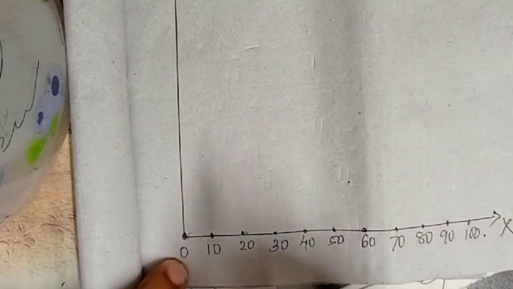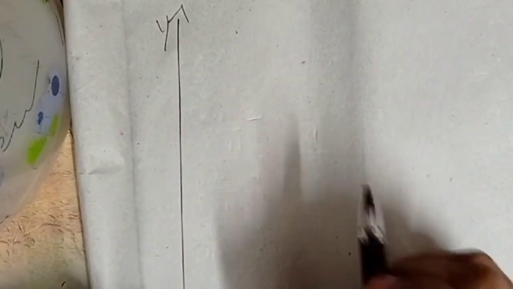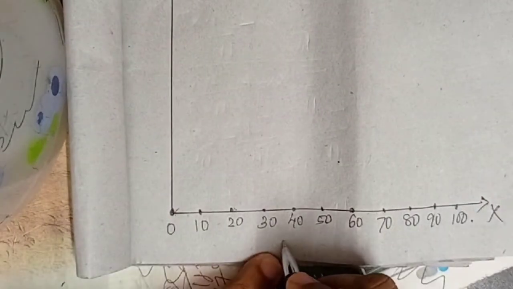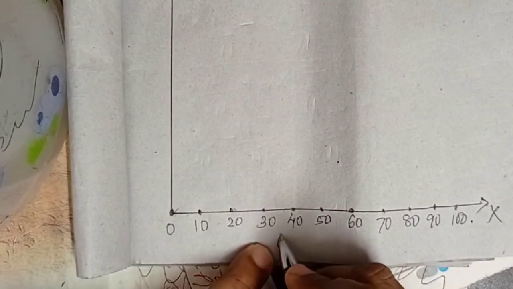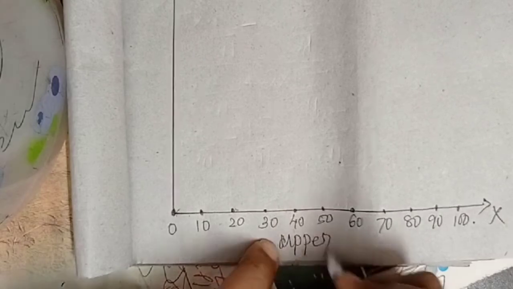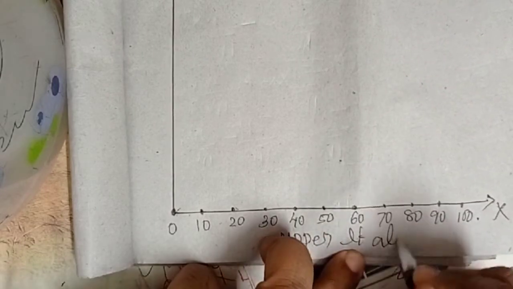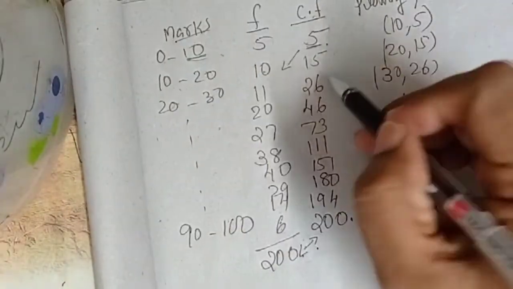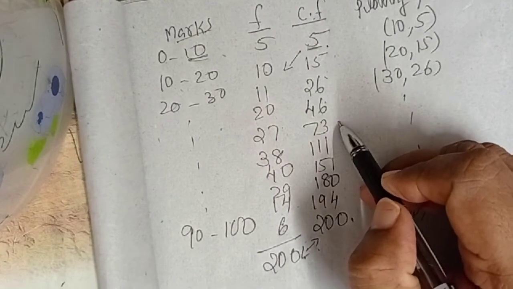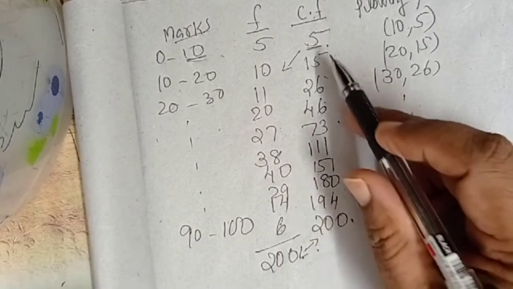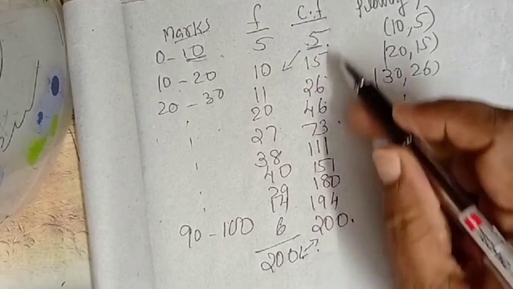Okay, then the y column means the total frequency, isn't it? We mark cumulative frequency. Therefore, you have to write upper limit along the x-axis and CF along the y-axis. Do not directly write 5, 15, 26, 46. Many of the students mark this CF directly.